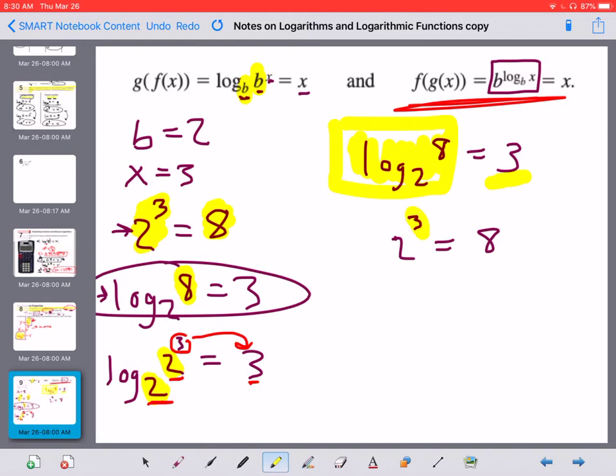Well, here's a 3. So 2 to the log base 2 of 8, okay? And all I did was just substitute it, equals 8. Let's take a look.